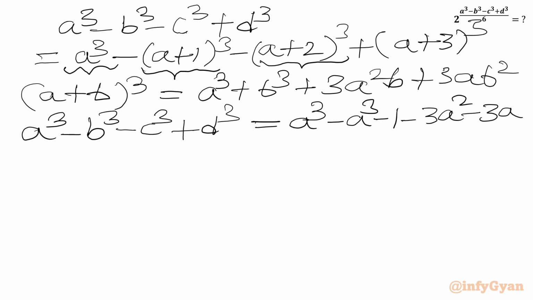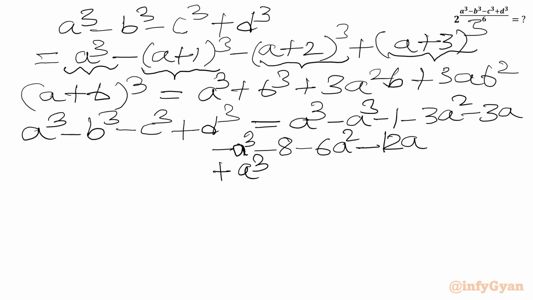So I can write here minus a cube minus 8, then minus 6a square, then minus 12a. Now we have only one expansion left, (a plus 3) whole cube. We will write equal to plus a cube plus 3 cube is 27 plus 9a square plus 27a.